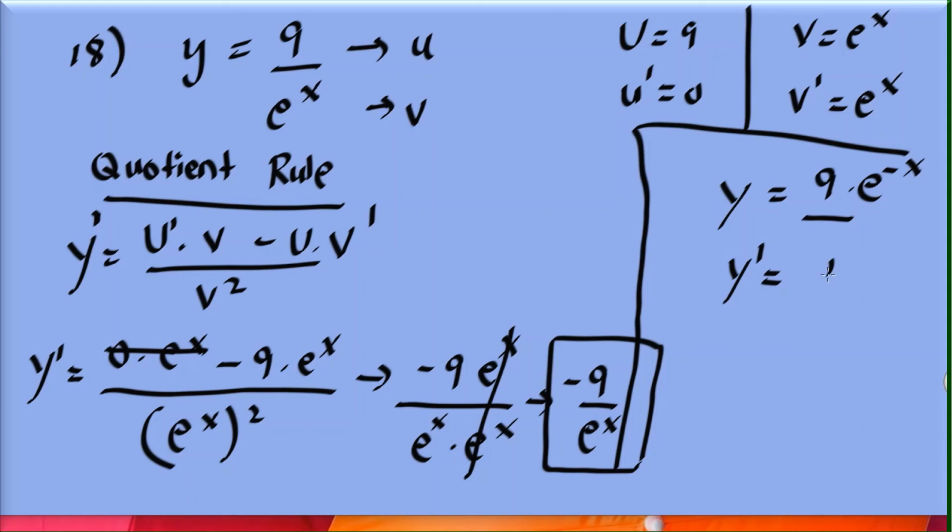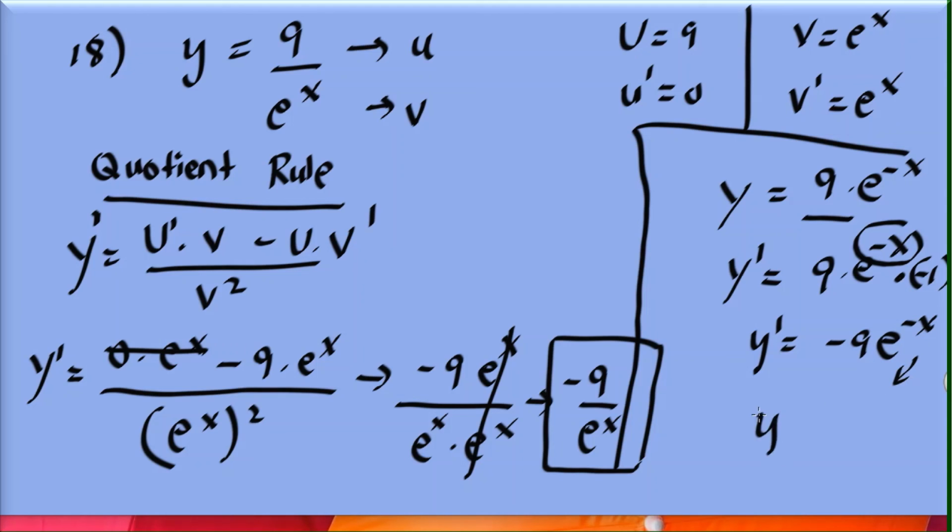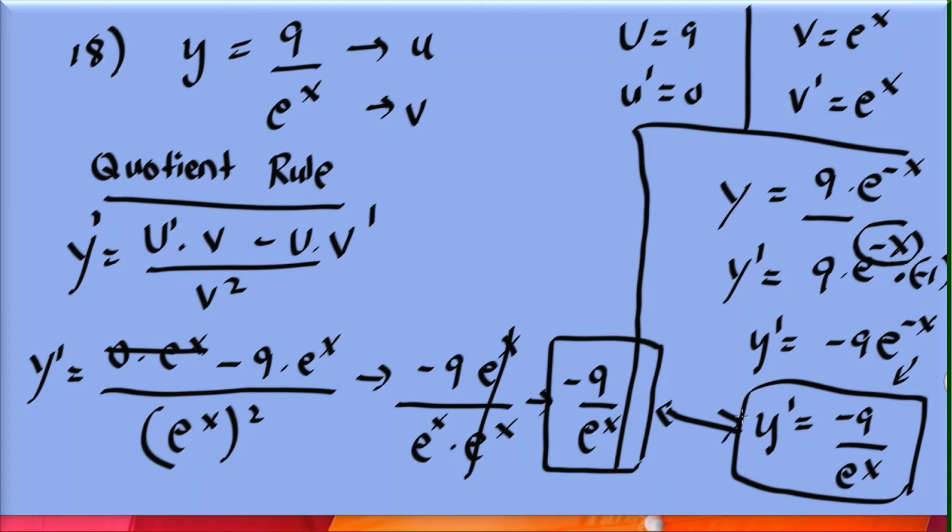It's 9 e to the negative x. We're just going to be using a chain rule for this, right? So 9 e to the negative x, and then multiply this by the derivative of that exponent, negative x, which is negative 1. So our y prime is negative 9 e to the negative x. Now you can bring this down. That's negative 9 over e to the x.